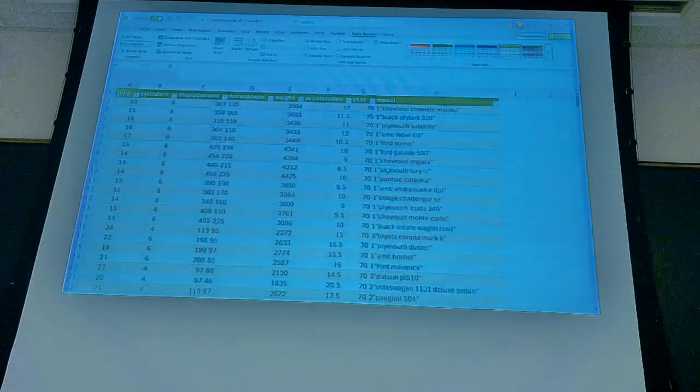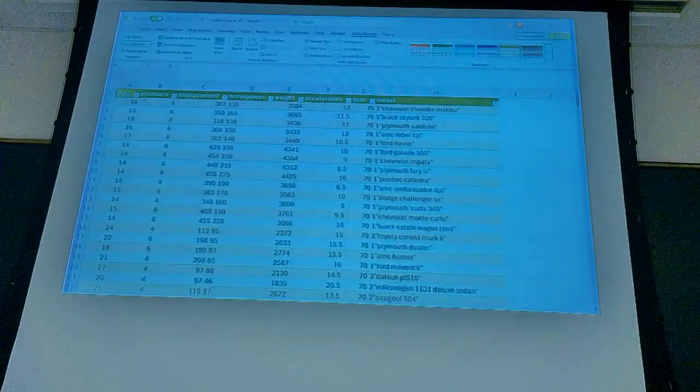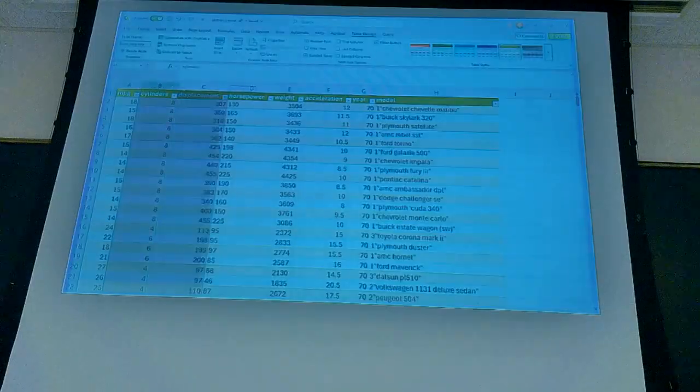So we want miles per gallon and weight. So I'll just hide all these.